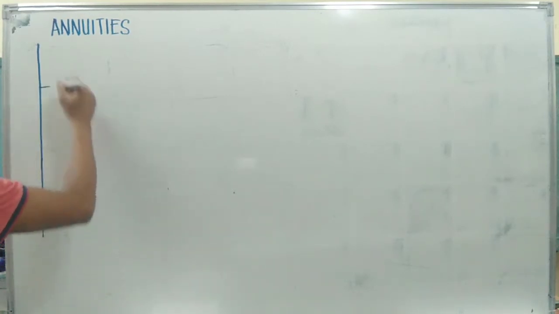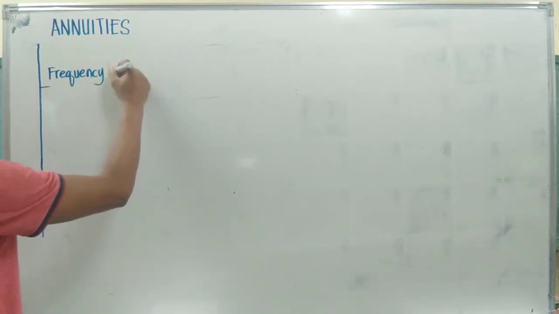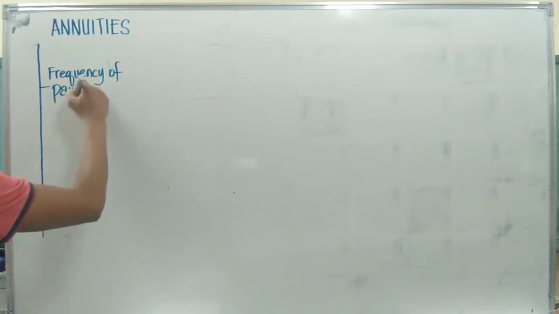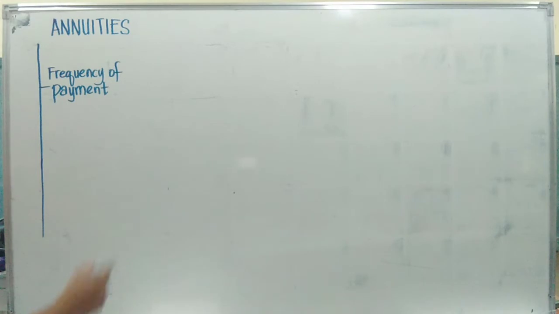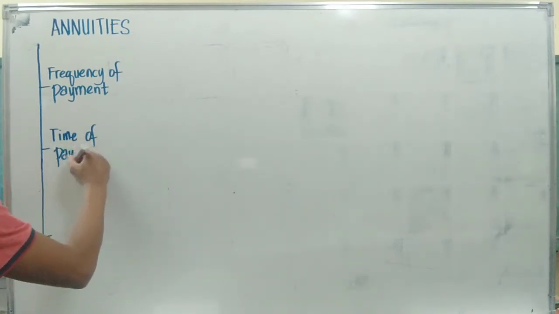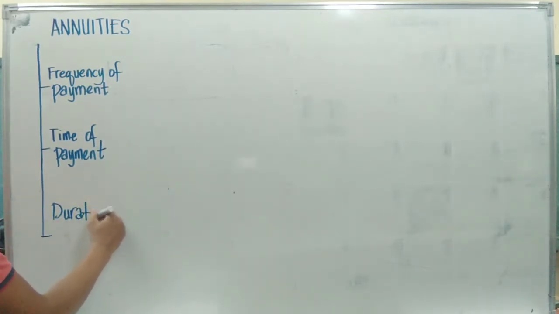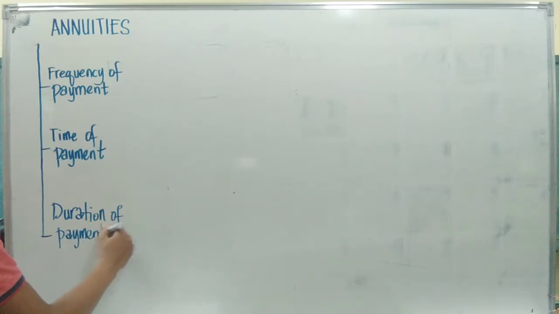First is classifying it using the frequency of payment. How frequent do you pay your loan or investment or savings? Then another is the time of payment. Then another one is the duration of payment.